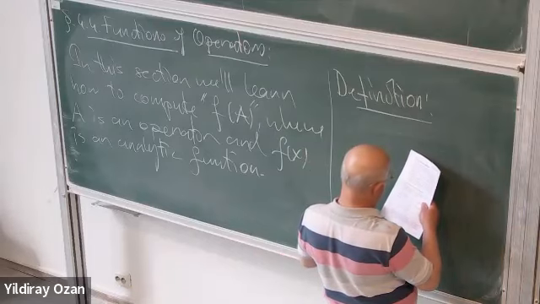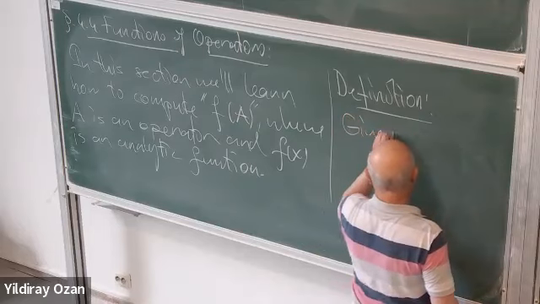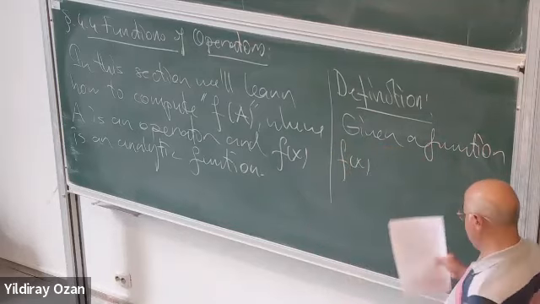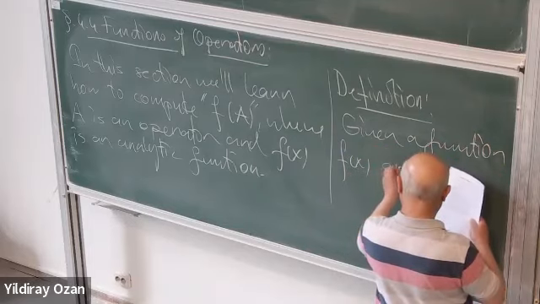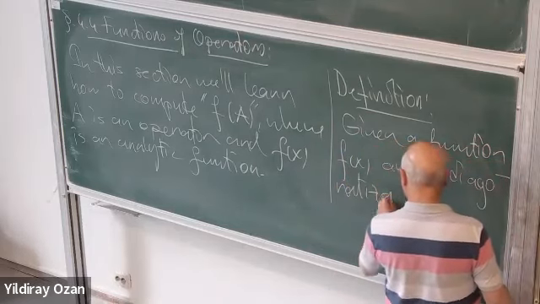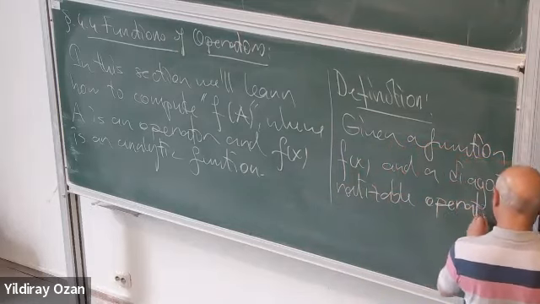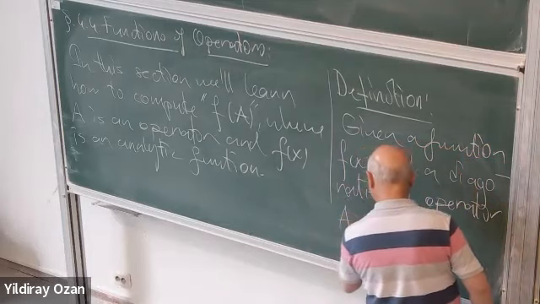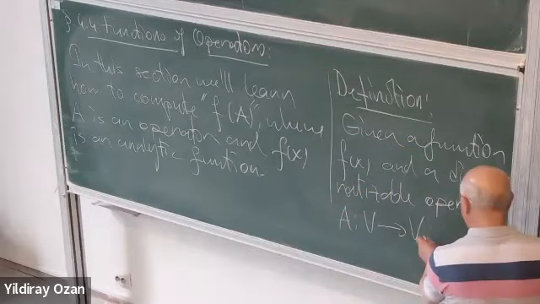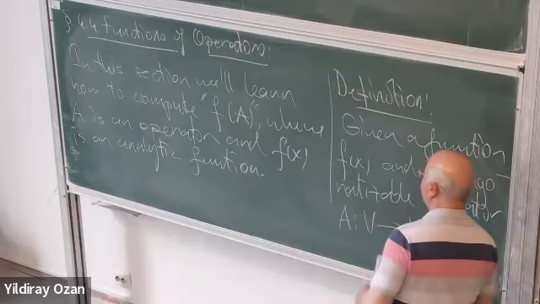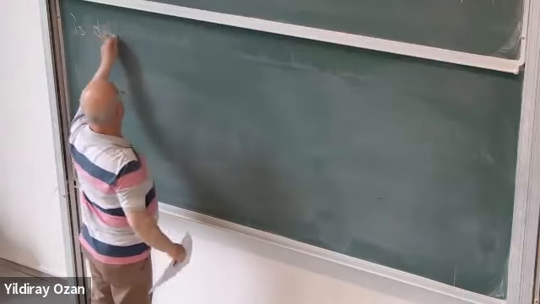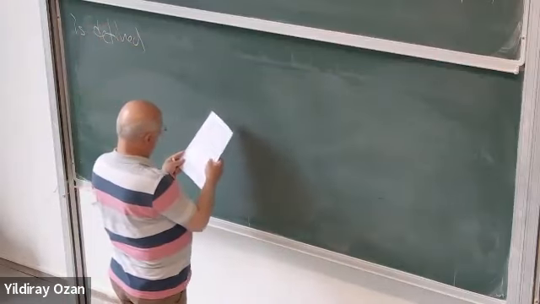Okay, now given a function f of x, not necessarily an analytic function in this case, and a diagonalizable operator A from V to V, f of A is defined by the following formula.